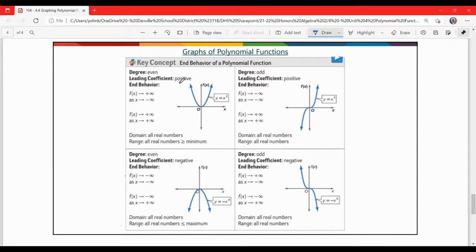A positive coefficient means it's opening up, a negative coefficient means it's opening down. A positive coefficient for the odd functions means that it's going in an upward fashion. A negative coefficient for odd degrees is that it's going in a downward fashion. Also notice that even degrees have end behaviors at the top or at the bottom, but odd degree functions have them in opposite directions. That's huge.